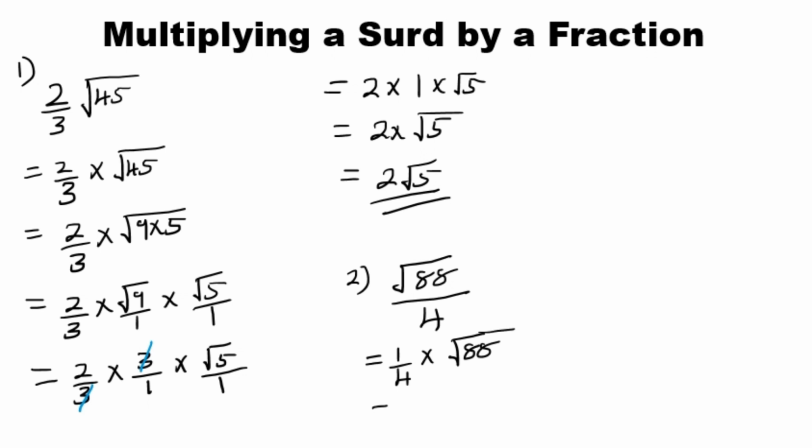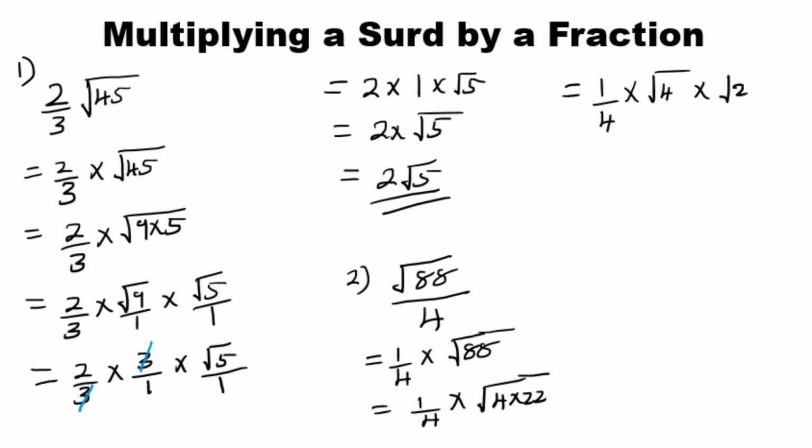Okay, and we know that the square root of 88 can be expressed as 4 times 22. And moving on, we have 1/4 times the square root of 4 times the square root of 22, all this being over 1/1.